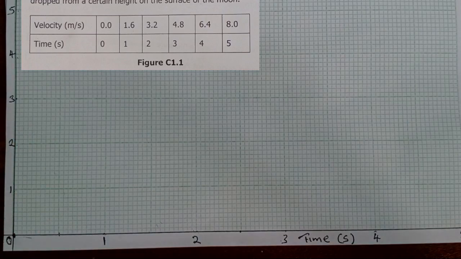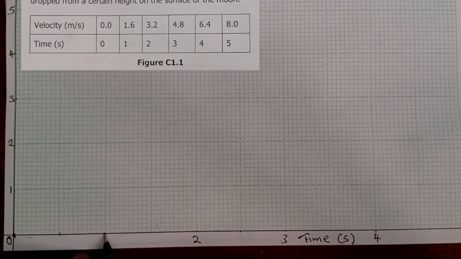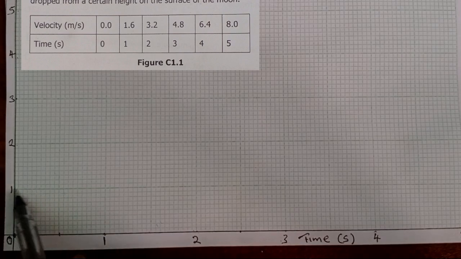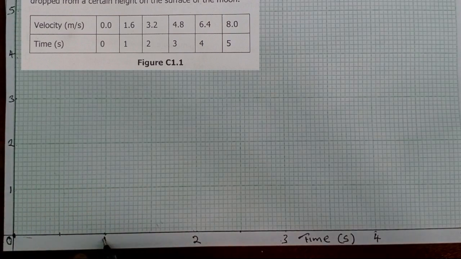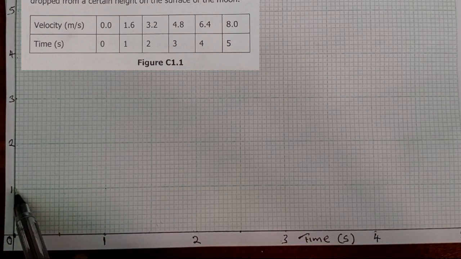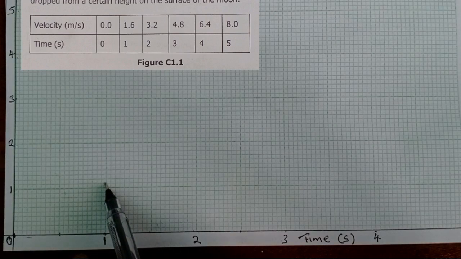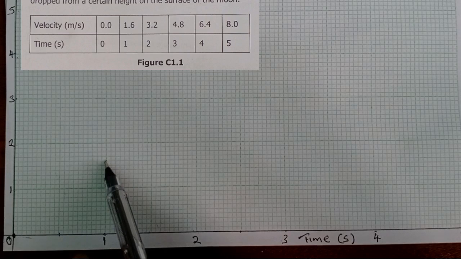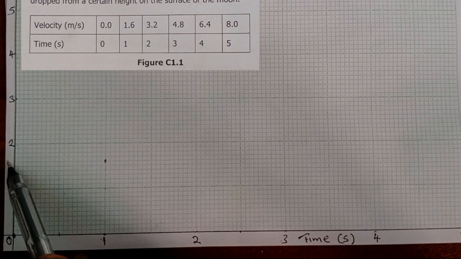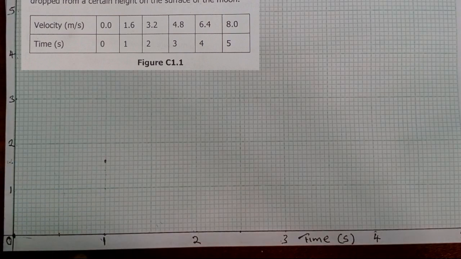Then we have 1, 1.6. On the x-axis, which is time, we have 1, and for velocity 1.1, 1.2, 1.3, 1.4, 1.5, 1.6. So that is 1, 1.6.